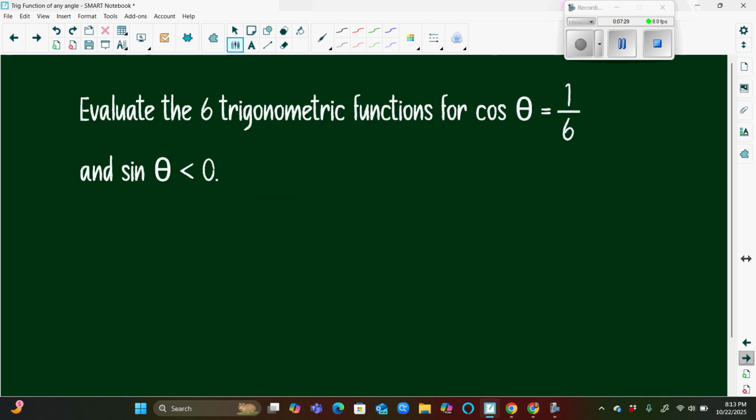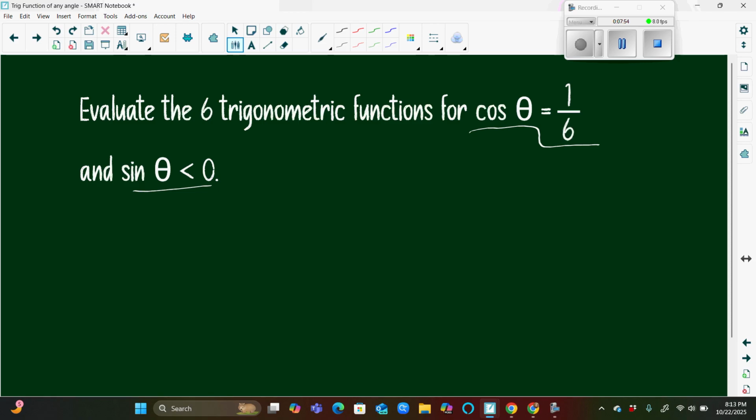Evaluate the 6 trig functions for cosine theta equals 1/6 and sine theta is less than 0. Now here they give us a little bit different information. So they tell us that sine is less than 0. So if sine is less than 0, that means sine is going to be negative. Also, we know that cosine is 1/6 and 1/6 is positive.